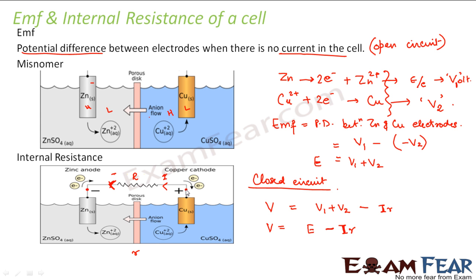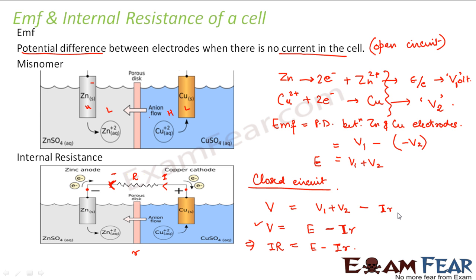So basically this capital V is the voltage drop across the external resistance R. If you look at the circuit, these two points denote the voltage drop across the resistance capital R, as well as the potential difference between these two electrodes in a closed circuit. So we can also write this capital V as I into capital R is equal to E minus I small r. Right? So you understood the role which internal resistance plays in a circuit.